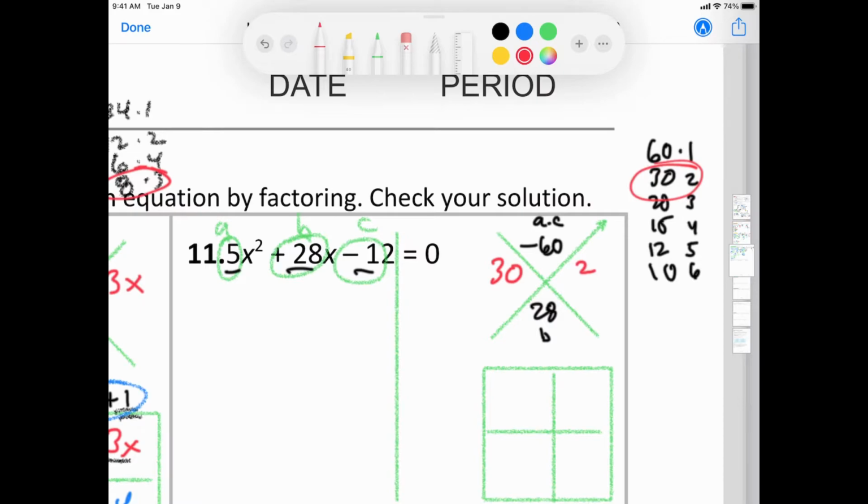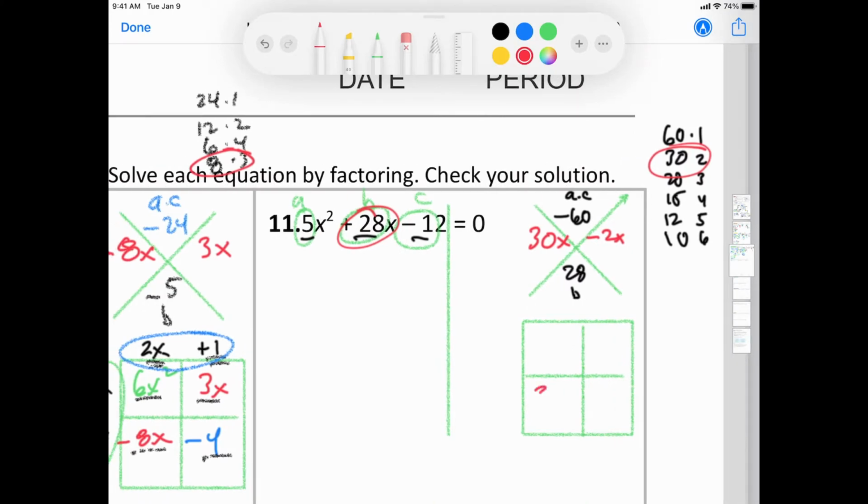Okay, so 30 times negative 2 equals negative 60, and 30 plus negative 2 is 28. Add an x here. Those two always go in the bottom left and top right. 5x squared always, and then negative 12 always.